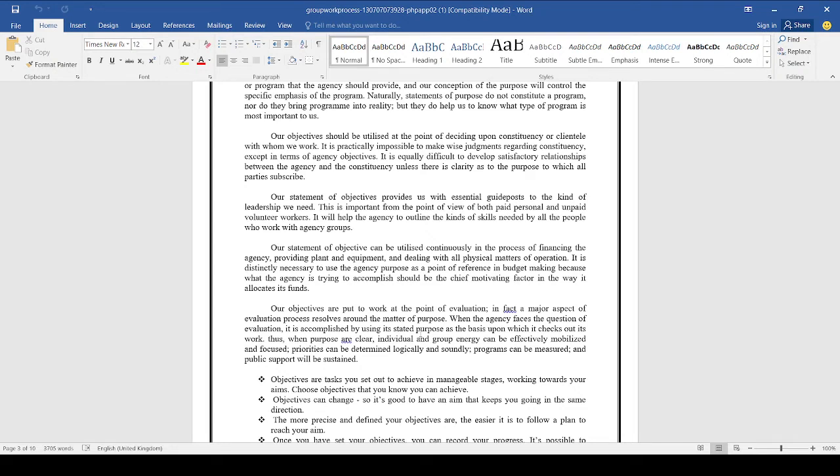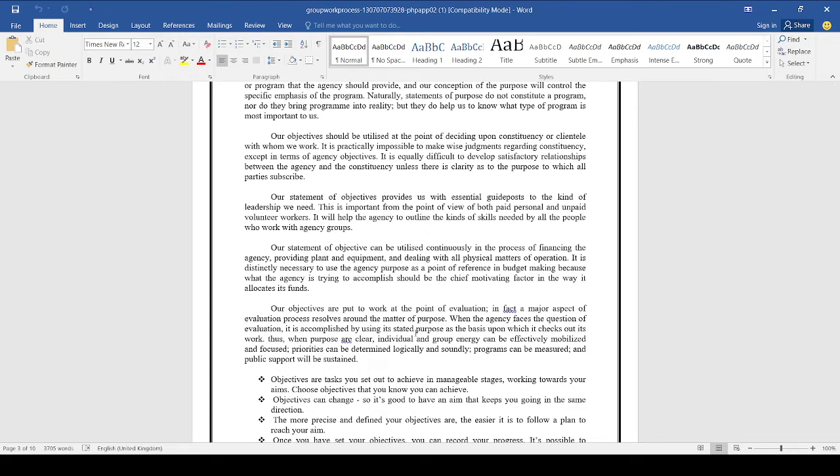Especially the purpose or objectives should be very clear, and that is very important for an individual in a group work setting, especially individual members. It will conserve the group energy.